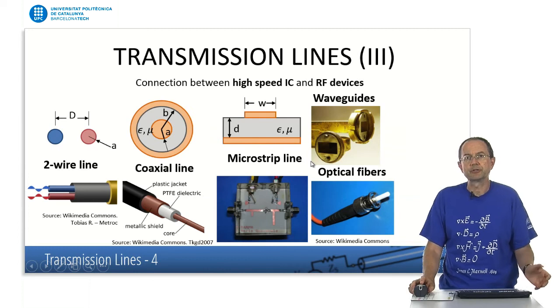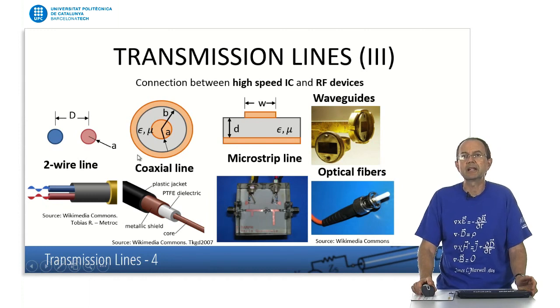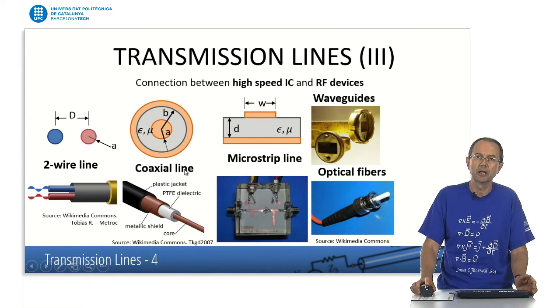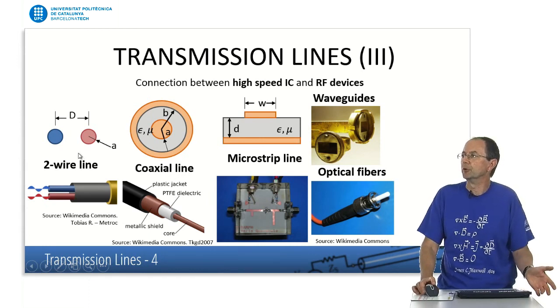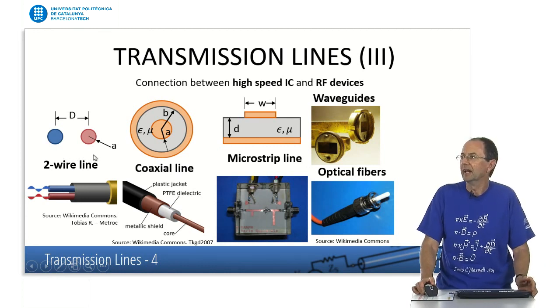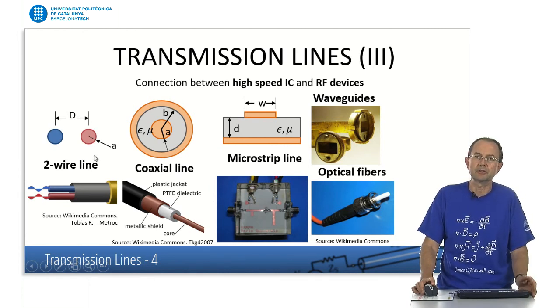There are many transmission lines, and a transmission line can be built with conductors and dielectrics in many different shapes, and you see here in the slide different examples of it. Maybe the most widely used is the two wire line in power supply, in electrical applications, and also in telephonic communication lines.